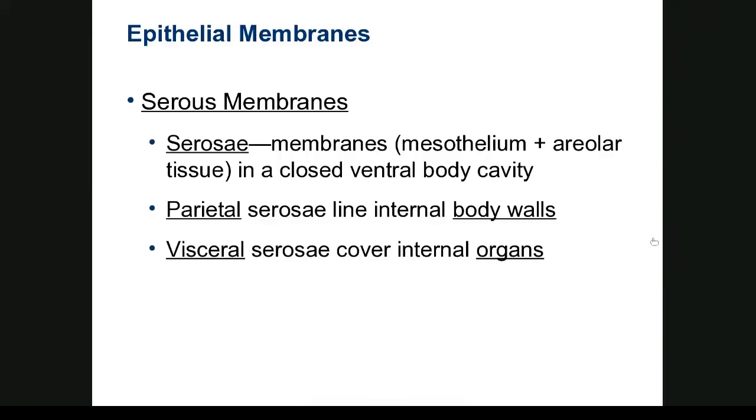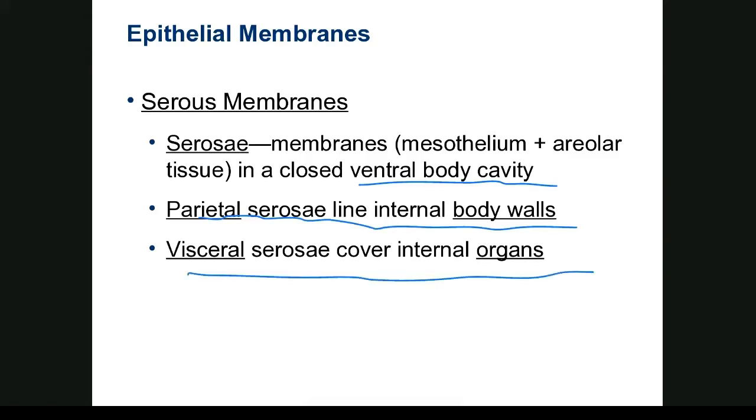Now, serous membranes or serosa are membranes in a closed ventral body cavity. Parietal serosa lines the body walls of cells. Visceral serosa covers the organs. It is the outside layer of the organs.